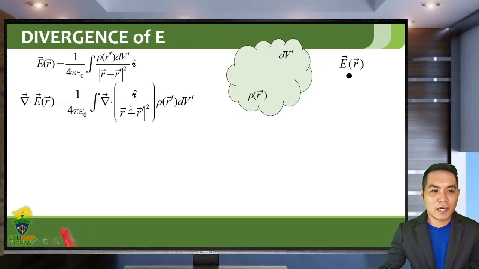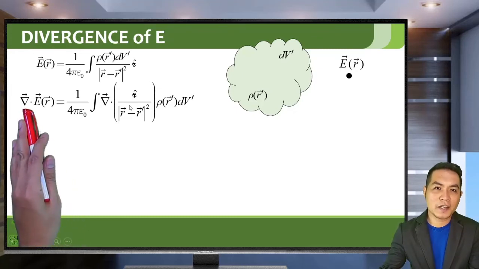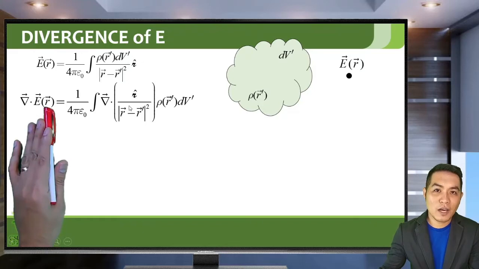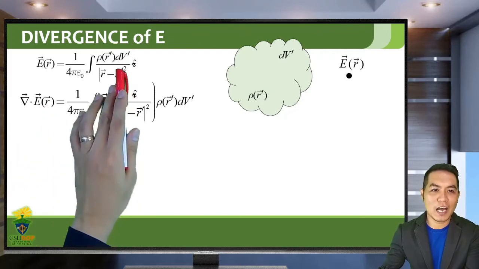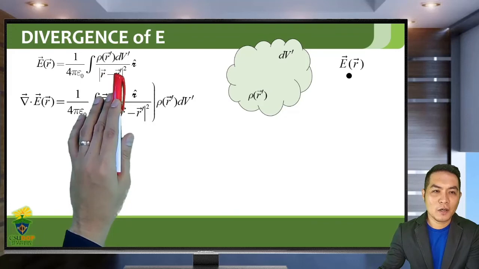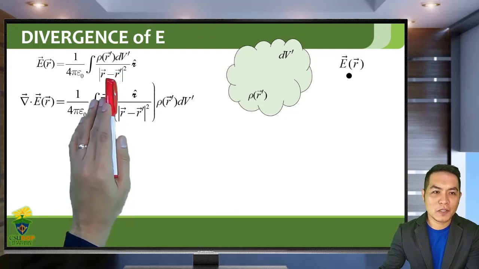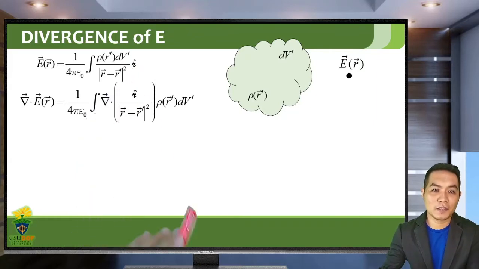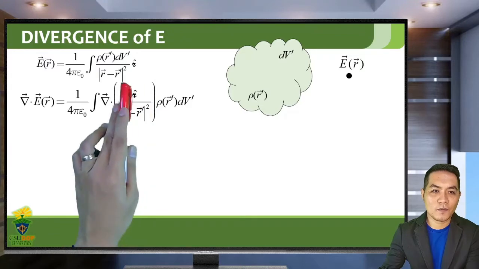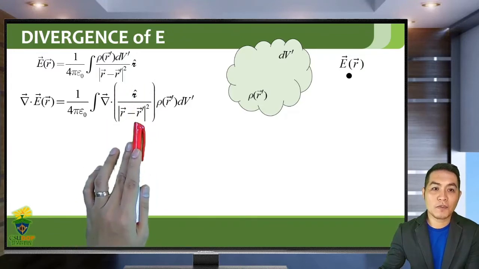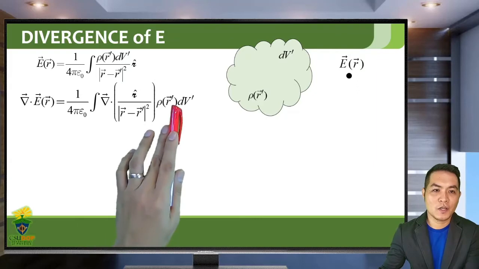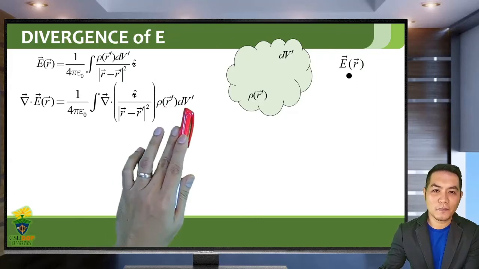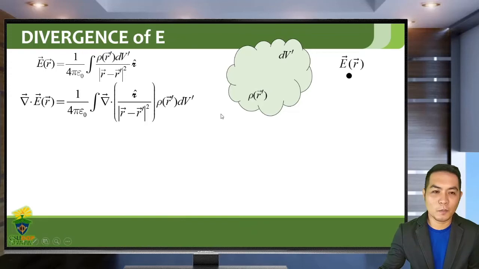But take note that the del operator here only acts on r, the field point position vector. In our integrand, the only term containing r is the separation vector, r minus r prime, and our r hat separation unit vector. So the divergence will only act on those functions. So rho here and dv prime here are not affected by the divergence operation.